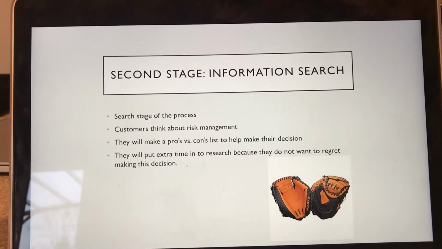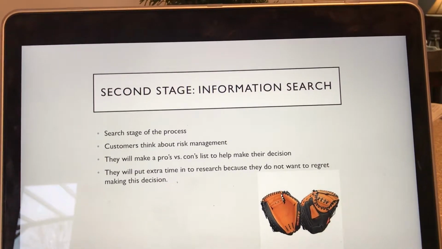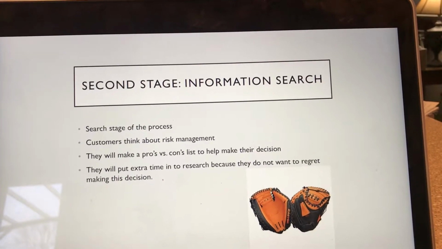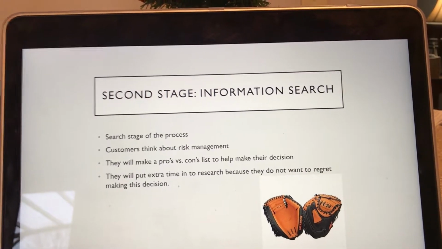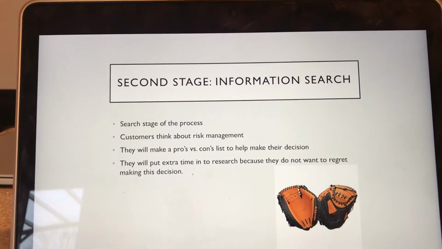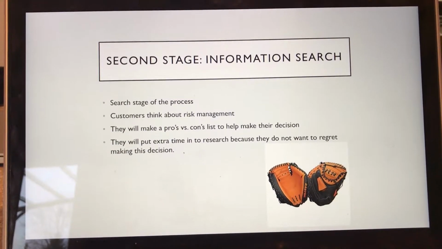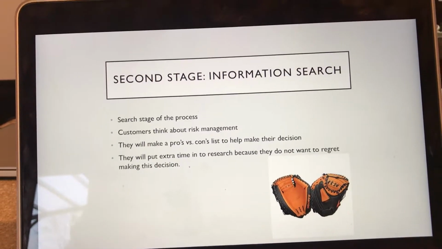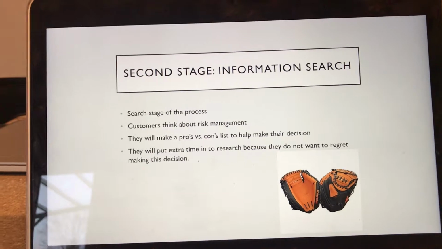So the second stage is information search. This is the search stage of the process. This is where you're going to shop around. Customers think about risk management, who they're going to go with. If I go with this, what are the cons, what are the pros? They make a list of pros versus cons to see who they're going to go with to make their decision.